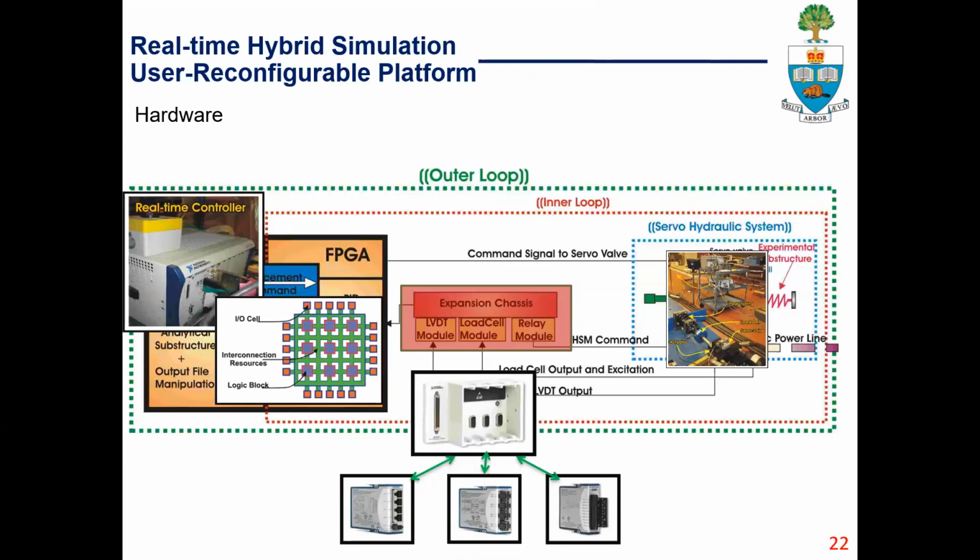One is the real-time PXI side, which is CPU-based real-time environment, and it also has a field programmable gate array, which is essentially a programmable chip. And in order to have communication between the actuator and this control platform, we have a data acquisition system that can handle LVDTs, load cell, and other sensors.